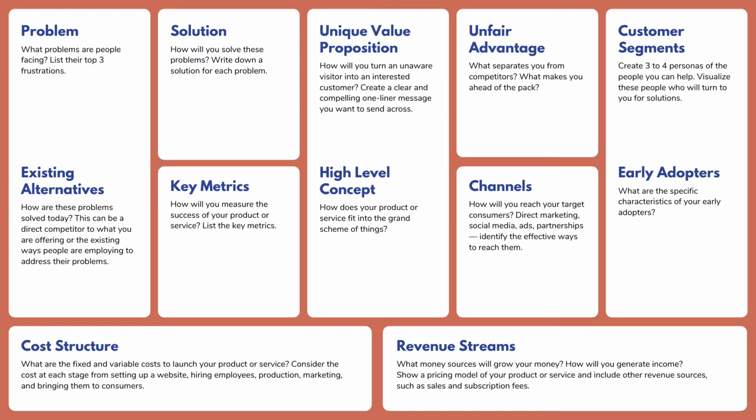Then you need to do an evaluation of the existing alternatives in the marketplace. Unless your proposition is fairly new, there must be some other ways that the problem is being addressed. So here you state how these problems are solved today. And this can be a direct competitor that you've observed, or existing ways people are employing to address the problem. For example, before Uber came into the market, people were using taxis, buses, and all other means of transport.